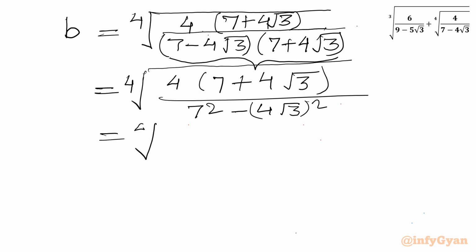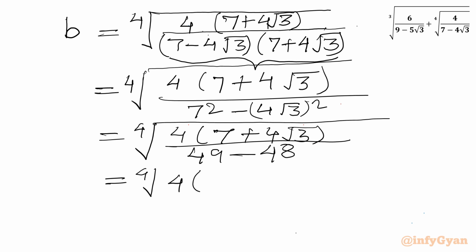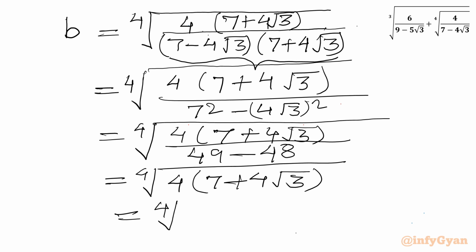Further, I can write fourth root of 4 times 7 plus 4 root 3 over 49 minus 16 times 3, 48. So we can write it as fourth root of 4 times 7 plus 4 root 3. Denominator will be 1. Or I can write fourth root of 28 plus 16 square root 3.